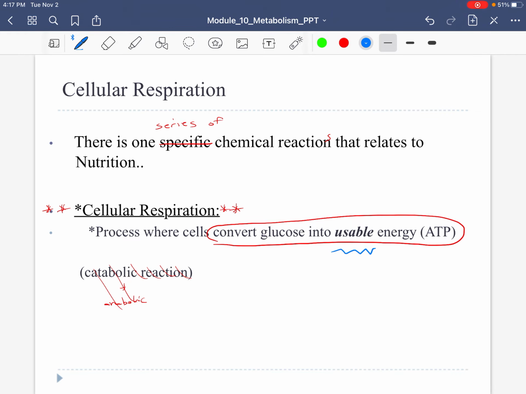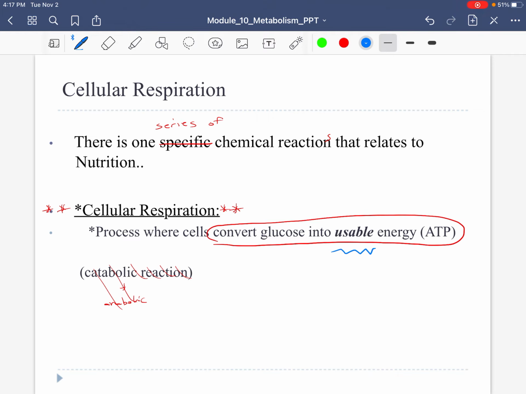So here's the important part, usable energy. Wait a minute, we know that carbs, glucose, sugar, our cells use carbs for energy. Well, as it turns out, our cells cannot use that glucose directly. That glucose is just not in a usable chemical form.